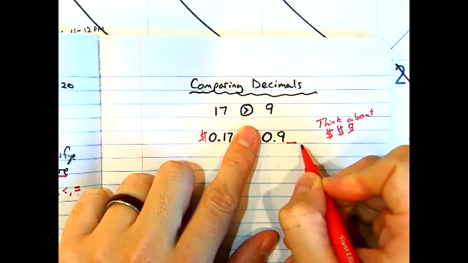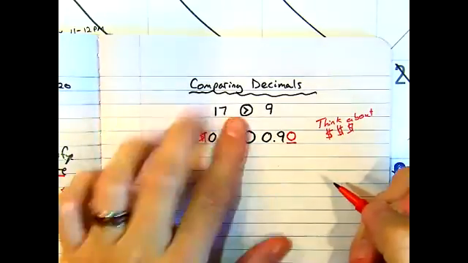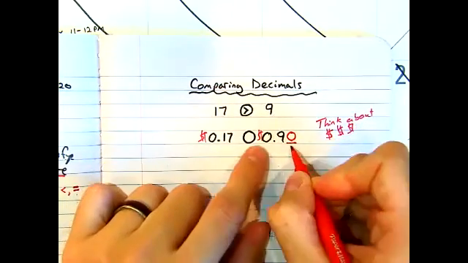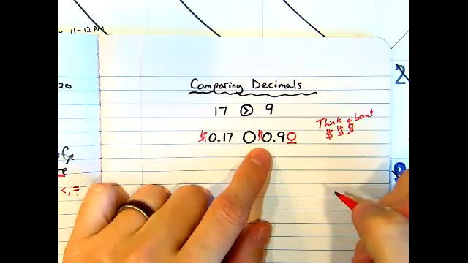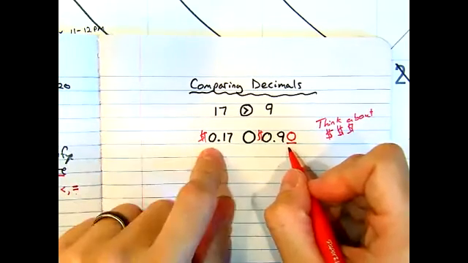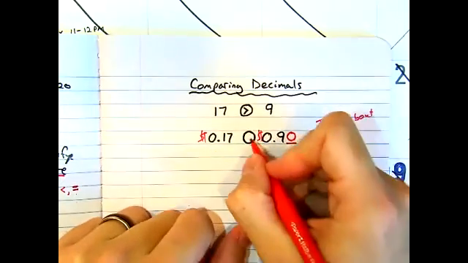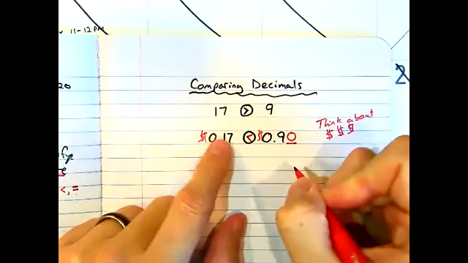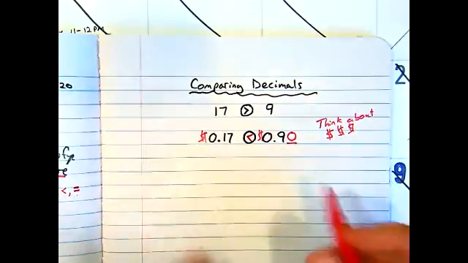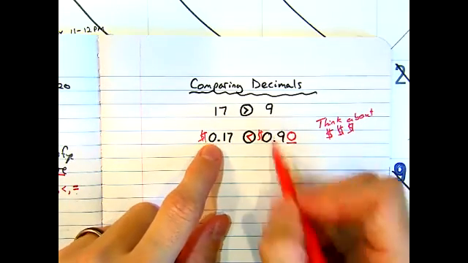If nothing's there, I can put in a 0. Now if we put a dollar sign on there, how much money is that? 90 cents. Which one's closer to a dollar, 90 cents or 17 cents? Absolutely right. So this would be less than. 17 is less than 90. So wherever the decimals end up can really change what we know about the numbers.